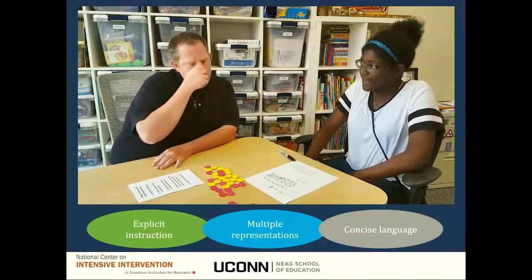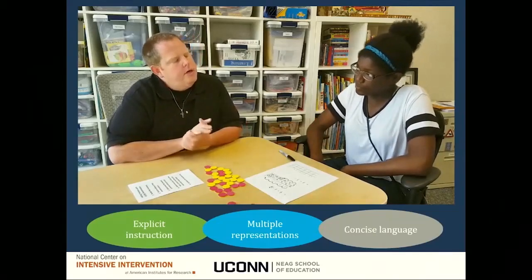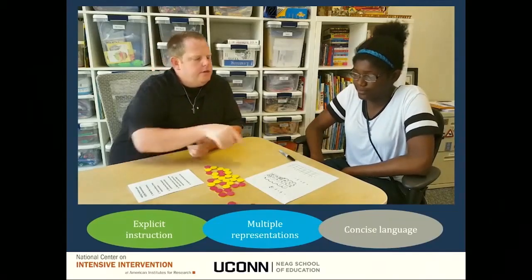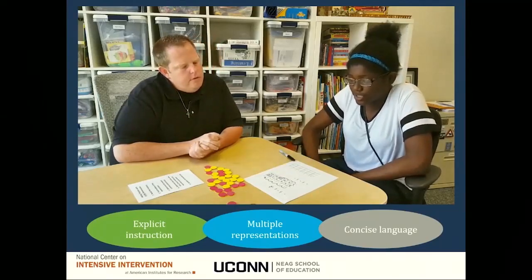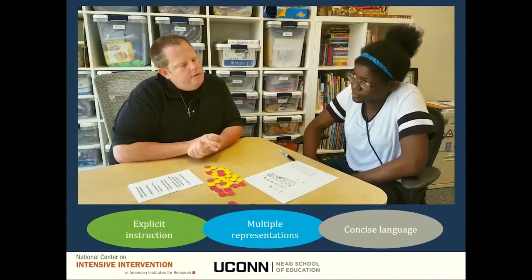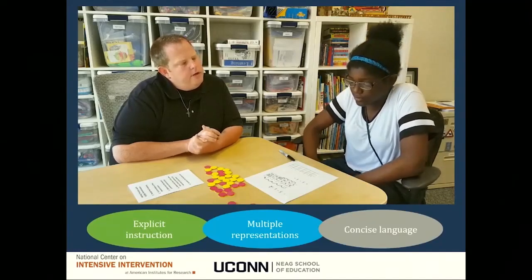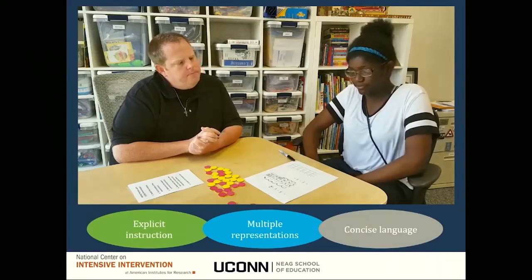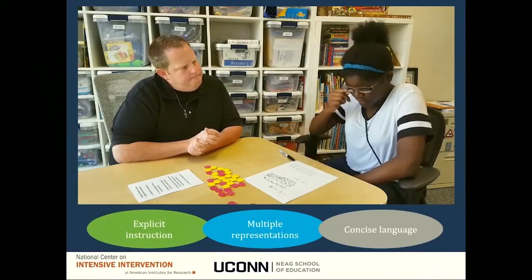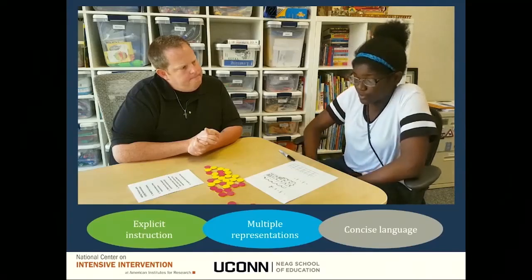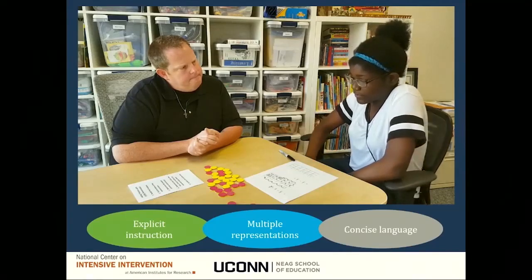So let's do one where you're doing it by yourself, okay? Alright, let's look at problem D. What does problem D say? 1/2 plus 1/3 equals. So what is the first thing you need to do in trying to figure out this problem? Model the fraction. How do you do that? We take counters and for the first one, 1/2, we use a red one to represent 1 out of the half.